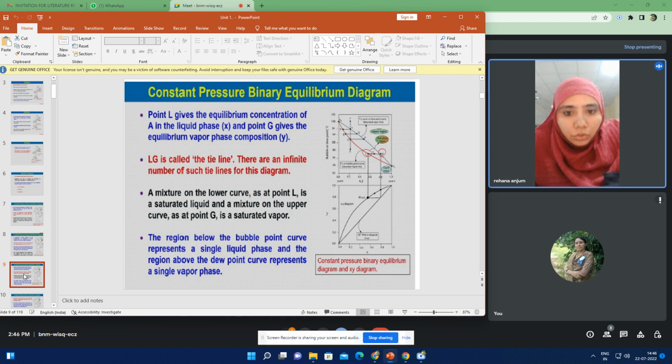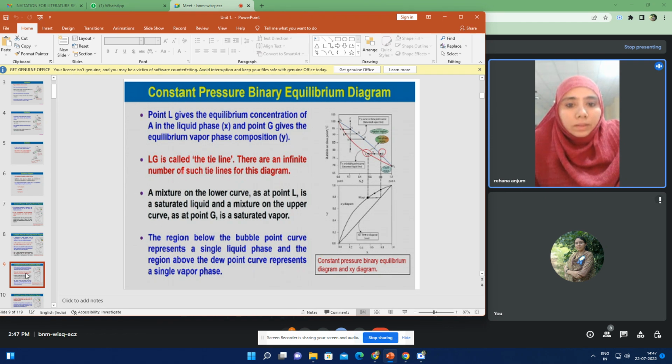If we join these two points L and G, we call it a tie line. We can draw an infinite number of such tie lines on this diagram. In the T-x-y diagram, a mixture on the lower curve, at point L, is saturated liquid, and a mixture on the upper curve, at point G, is saturated vapor.